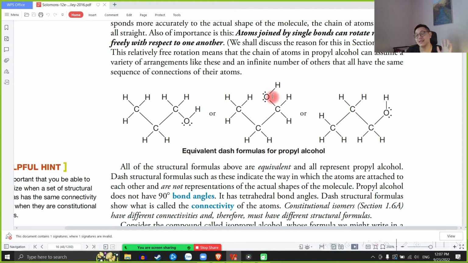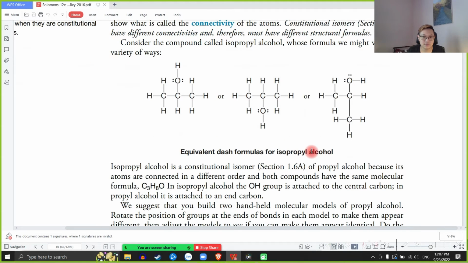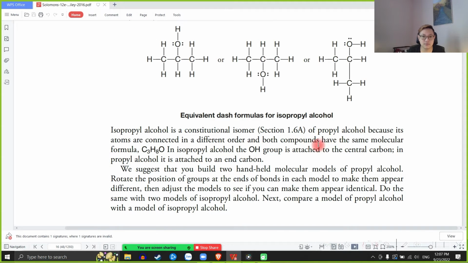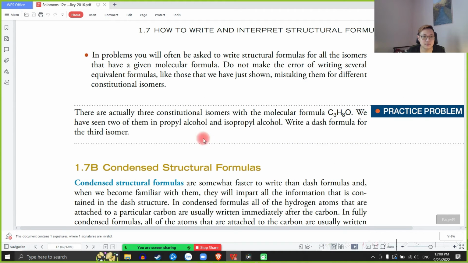So in practice, they are different molecules, but they are constitutional isomers of each other. Right. Okay, let's continue now.